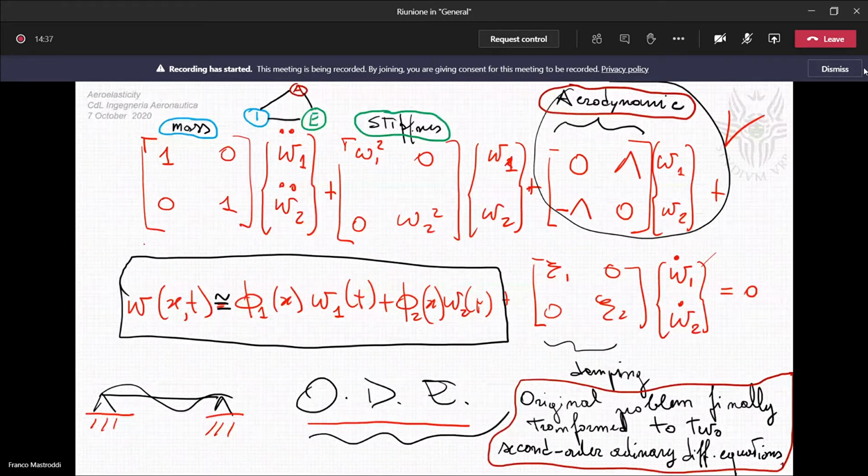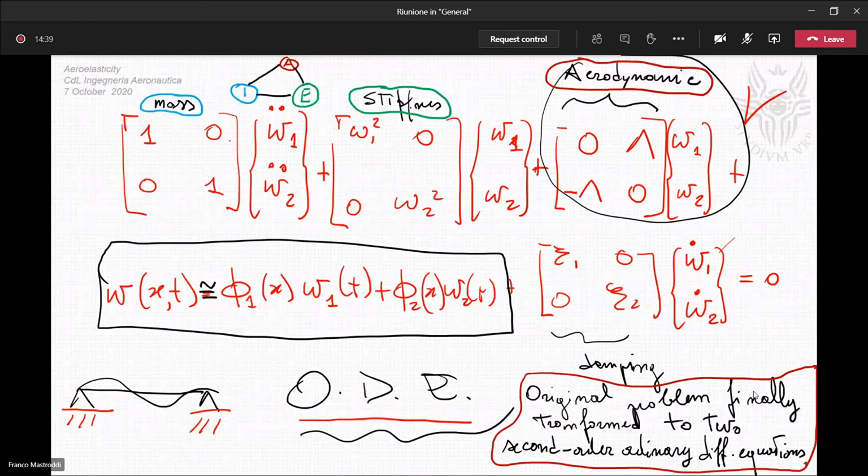And we have obtained this ordinary differential equation system of the second order, characterized by 1, 2, 3, 4 matrices as applied to the acceleration, the state space variable, and the derivative of the state space variable. So we have a second order system consisting of two equations of the second order.